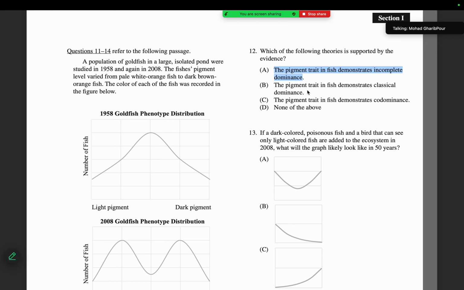The pigment trait in fish demonstrates classical dominance. No. Pigment trait in fish demonstrates codominance. No. I mean, I can see why you would think it's this, because it's light versus dark pigment.